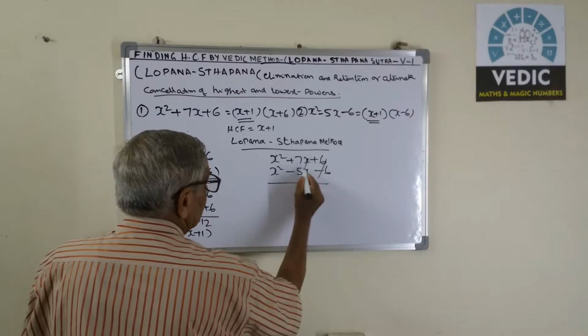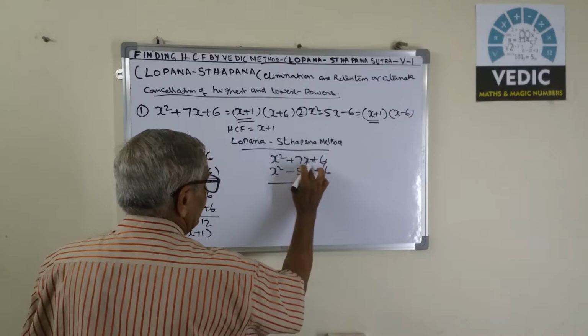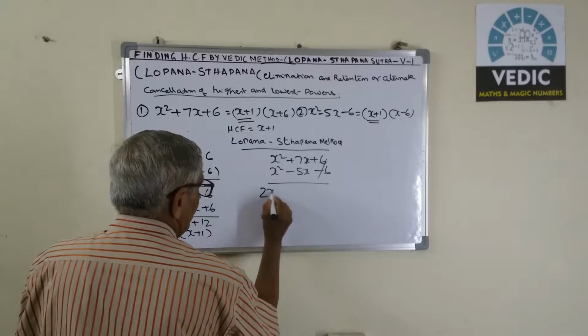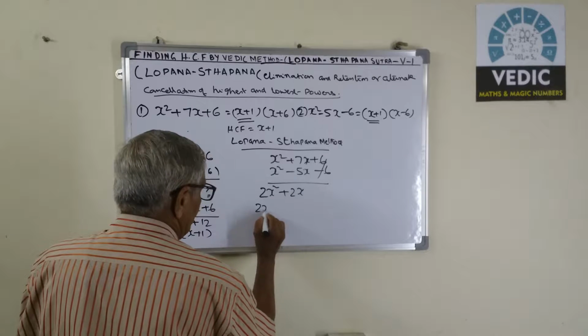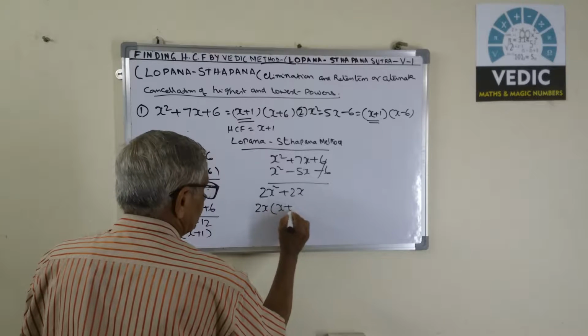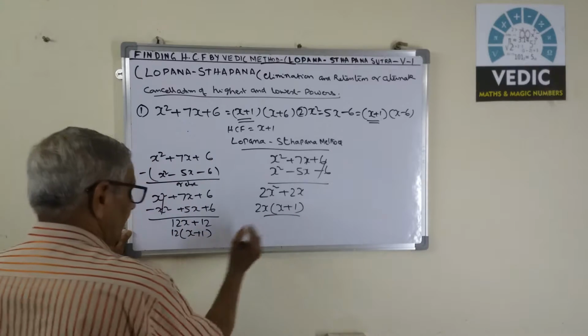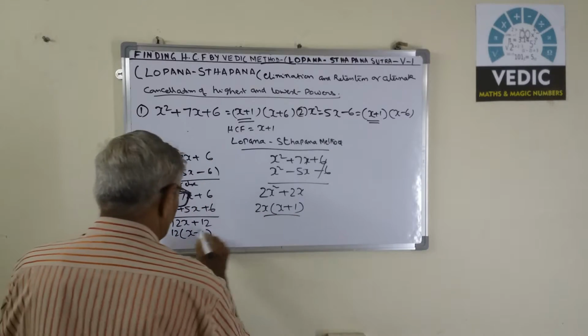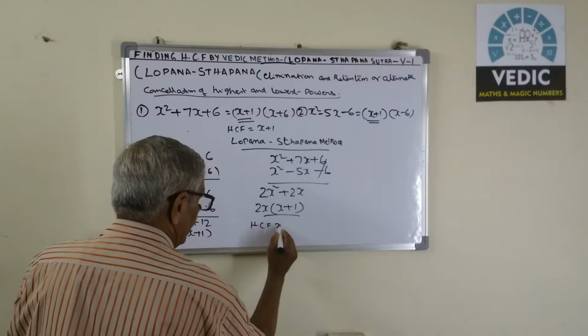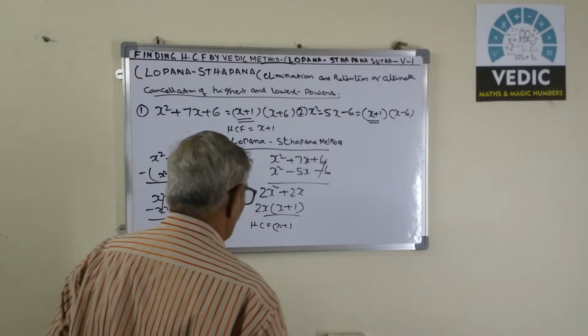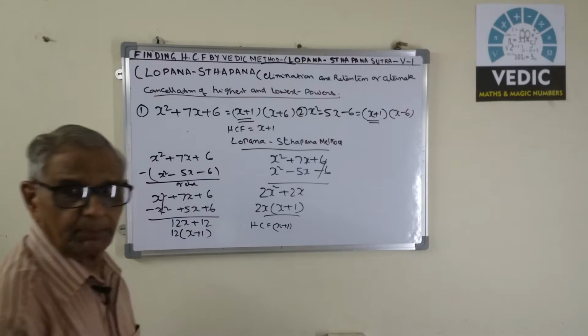Here 6 got cancelled, and we get 2x square plus 2x. Taking 2x as common, x plus 1. So here also we got the same result, and the H.C.F is x plus 1.